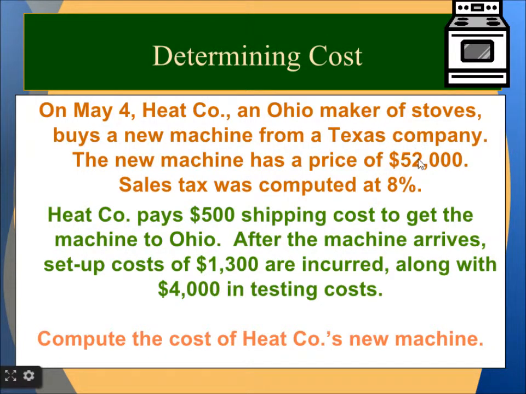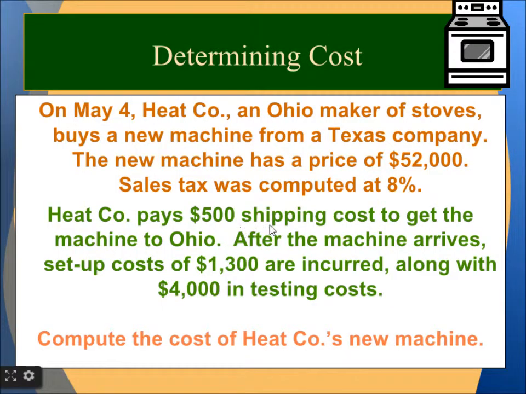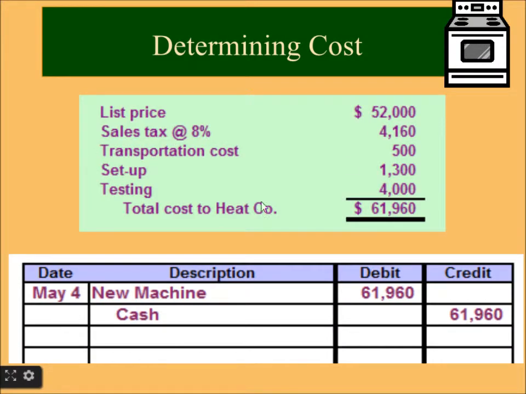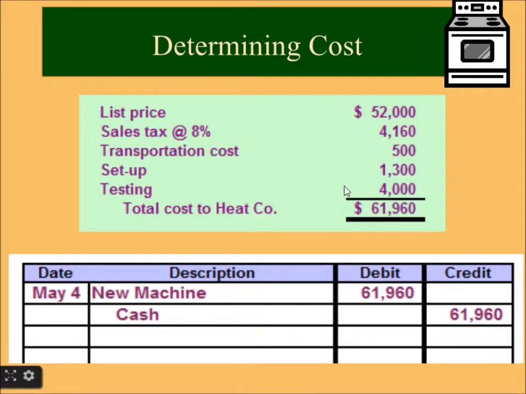Then bringing the asset from the company to the new location, the shipping cost is $500 transportation cost. Then the setup cost is 1,300 and then testing is 4,000. Adding it all together will give you the total cost to Heatco.